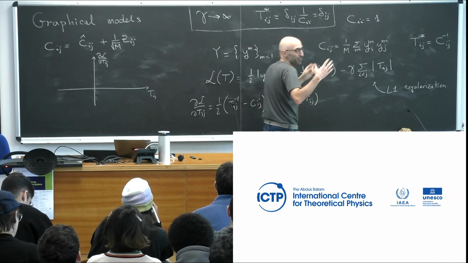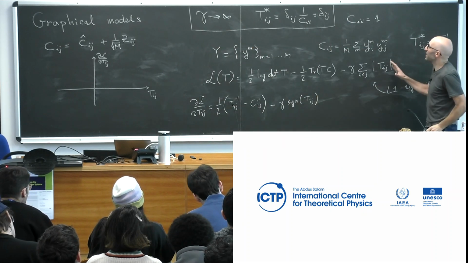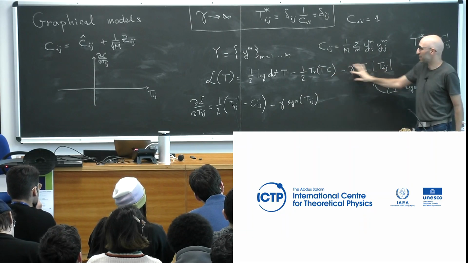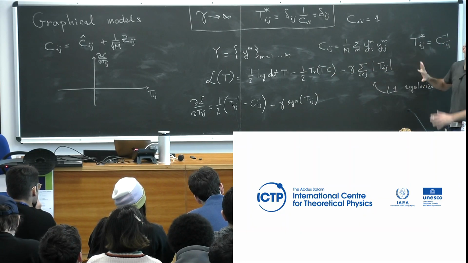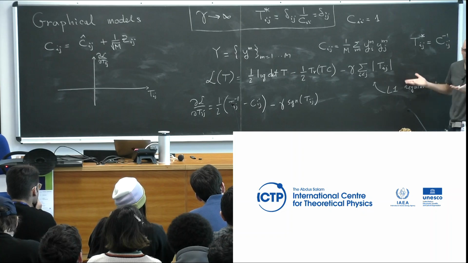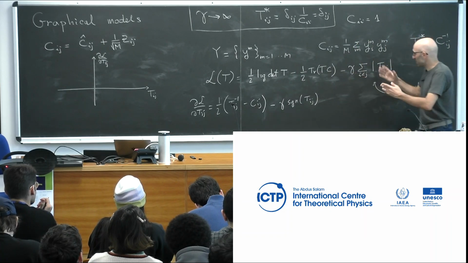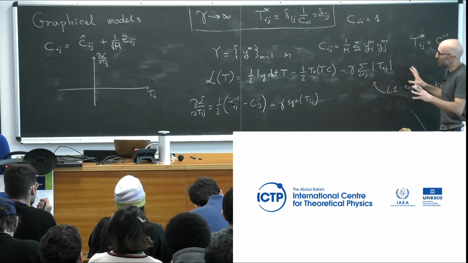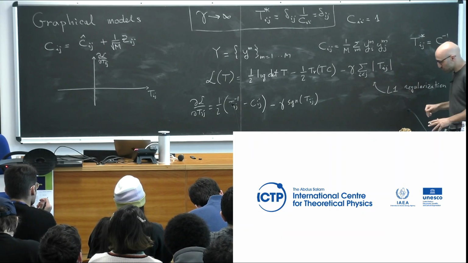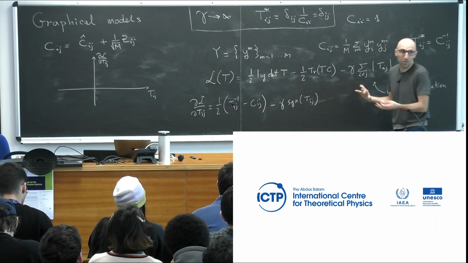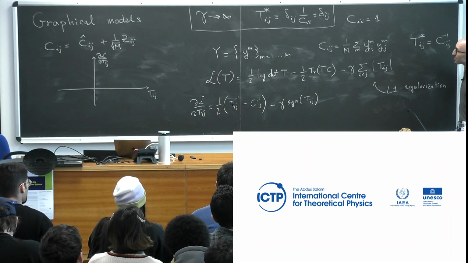So if I put an infinite regularization, my estimator that maximizes this likelihood is just the identity, which is, by construction, correct. So if I kill all the off-diagonal elements, I will conclude that my Gaussians are independent, they have 0 mean and unit variance, and t is the identity.